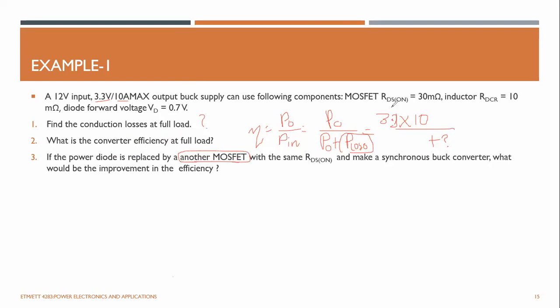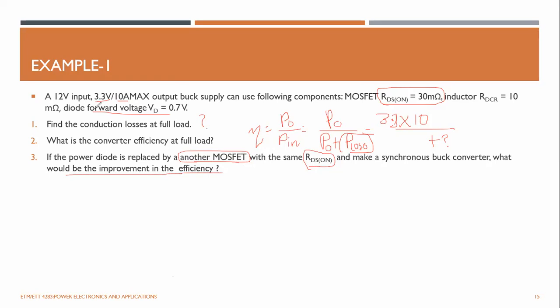So the plan is to replace this diode with a power MOSFET, the same power MOSFET that is used for input switching, right? And he just wants to know what the improved efficiency is.